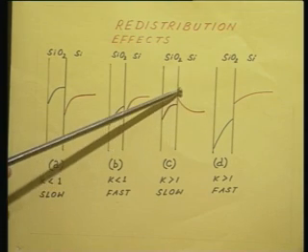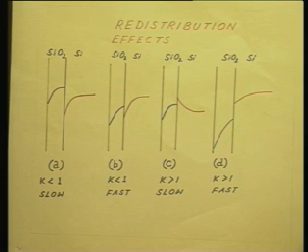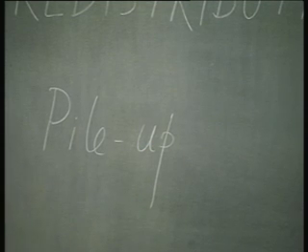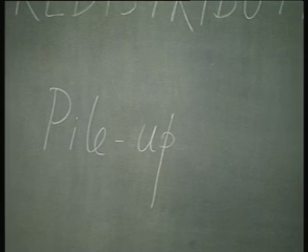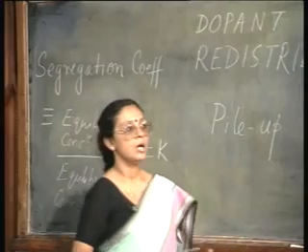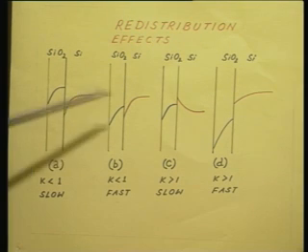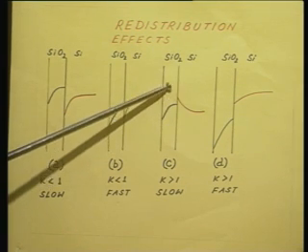Now, it is moving up because K is greater than 1. It is commonly referred to as a pile up, phosphorus pile up. Phosphorus is piling up at the silicon dioxide interface. Okay? That is why on the silicon side I see the phosphorus pile up.